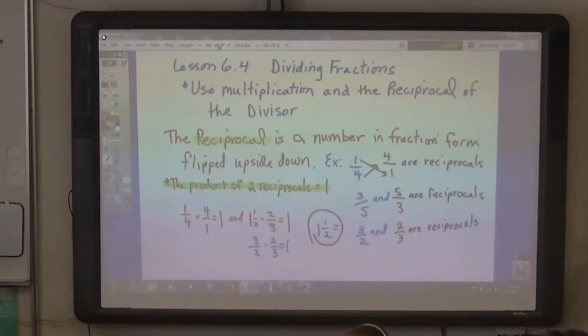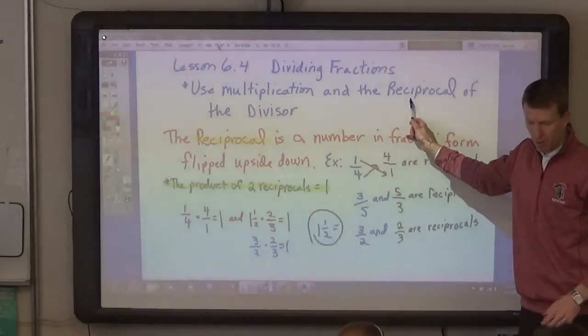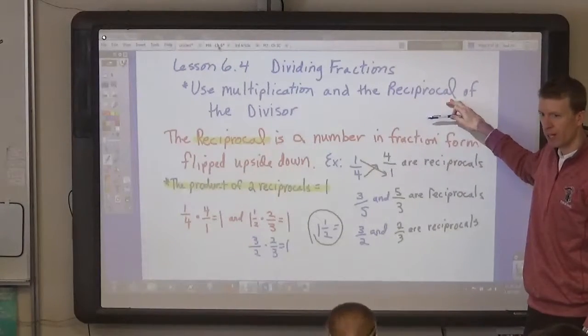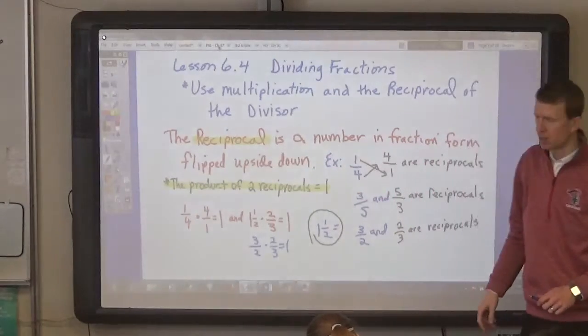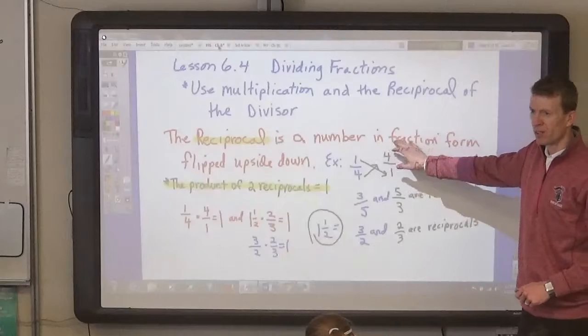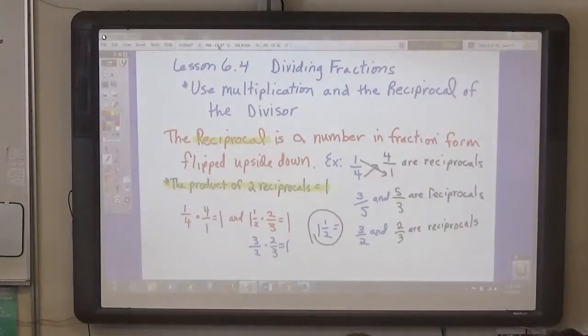So, take a look at the notes for lesson 6.4, dividing fractions, and it introduces one of these terms that you're going to need to memorize. This term is a reciprocal, okay? So say that word, a reciprocal. Reciprocal. Yep. The reciprocal of a number is a number that's related to that number.